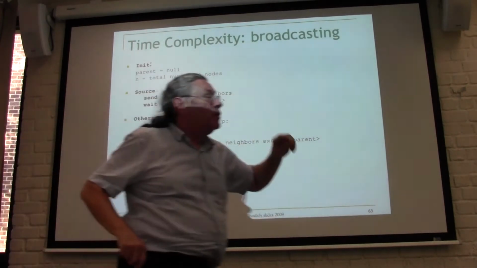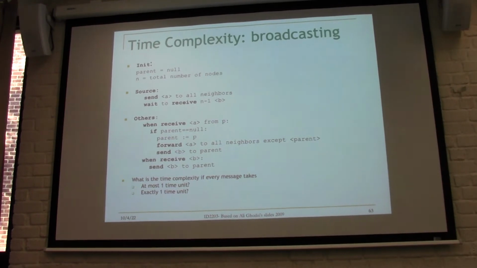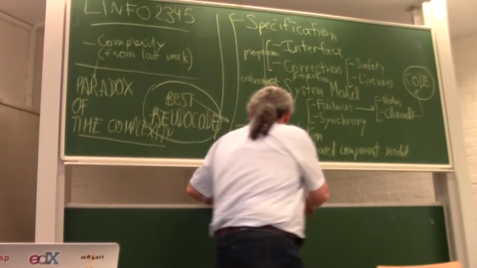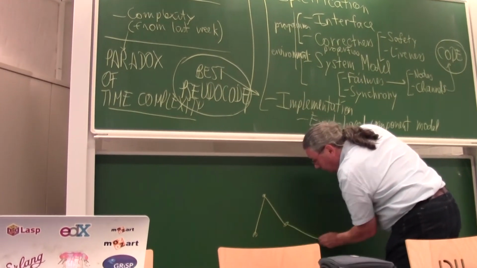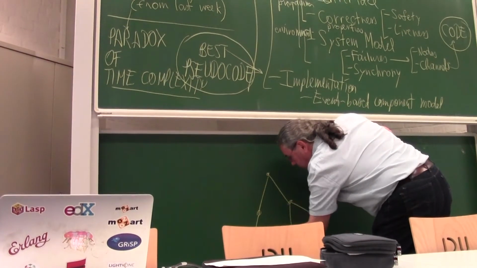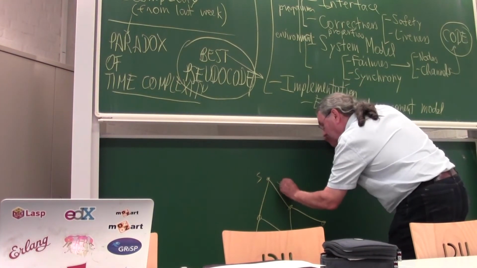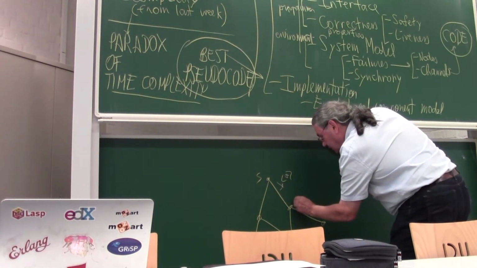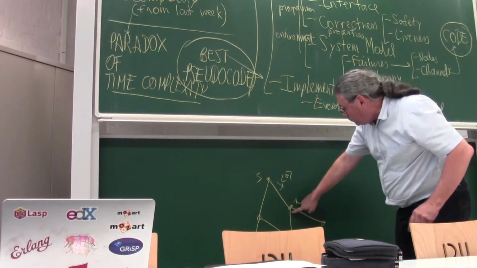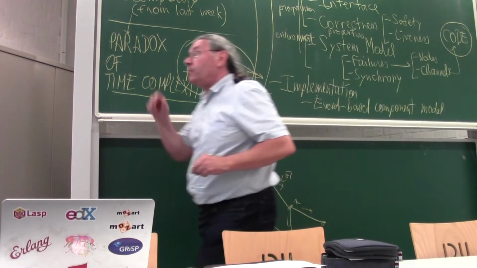So if you have a node, let me show an example. So here's a simple network. Here's a source. You have some nodes here. Let's say this one is the source. If it sends an A message here, if this node, which is, let's say, node X, receives the A message, then it will forward the A to these 2 other nodes, okay?